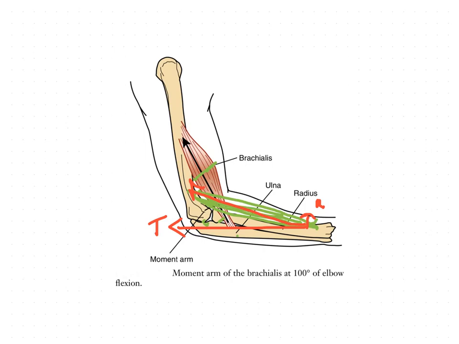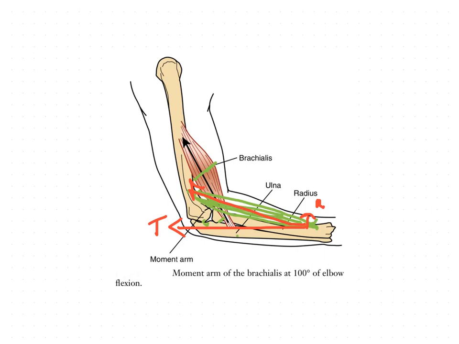And if you see the insertion of this brachioradialis, it is inserted at a distance from the joint axis. Therefore, it is said to be a stability muscle rather than a mobility muscle.